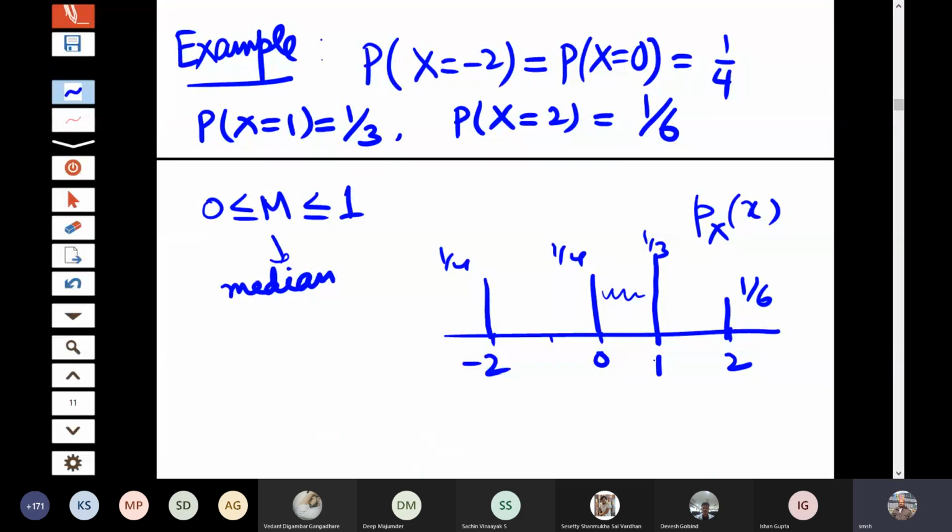Similarly, suppose I ask, what is the first quartile here? Then at -2, the 1 by 4 probability is there. And from the right hand side, if I see at 0, the probability 3 by 4 is attained. So any number between -2 to 0 can be considered as a first quartile. So -2 less than or equal to q1 by 4 less than or equal to 0. So this is the first quartile.